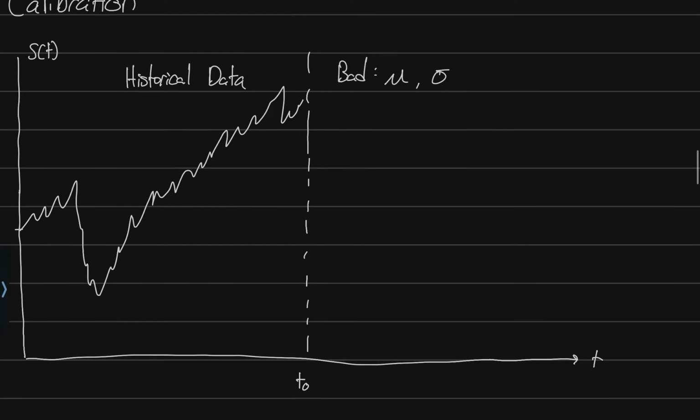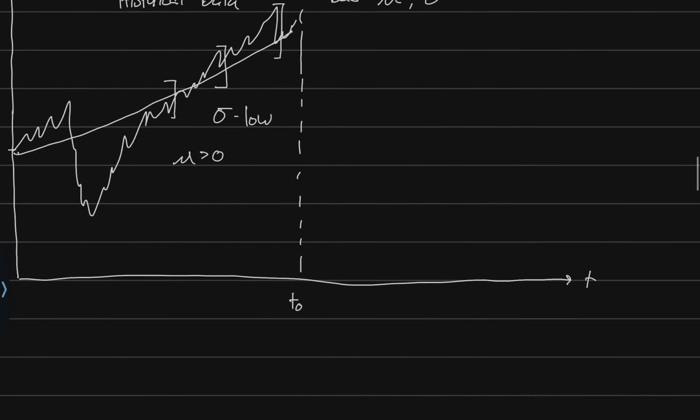So we know that our mean returns, a good one would probably look something like this, and then our volatility is probably quite low, except maybe over here, but generally it tends to be quite low. And so these two would be good.